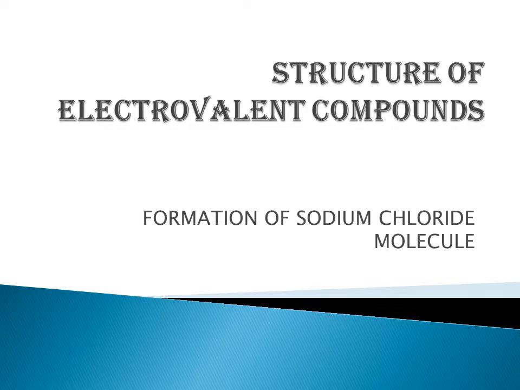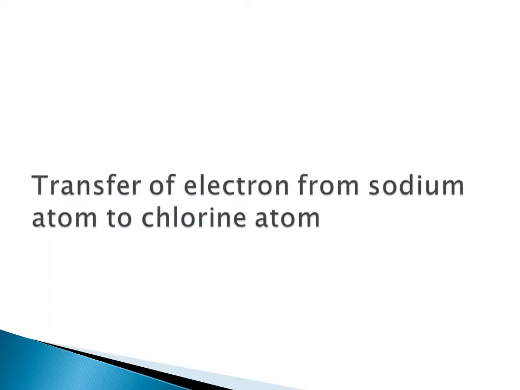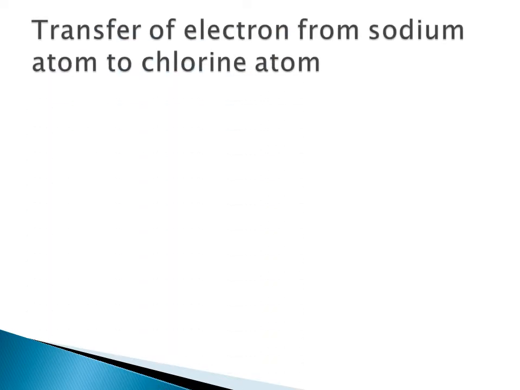Let us study the formation of the sodium chloride molecule. Sodium atom is 2,8,1. It has one electron in excess of the stable electronic configuration of the nearest noble gas, neon. Therefore, an atom of sodium shows a tendency to give up the electron from its outermost shell so as to acquire a stable electronic configuration.